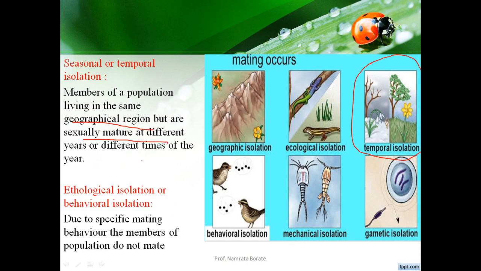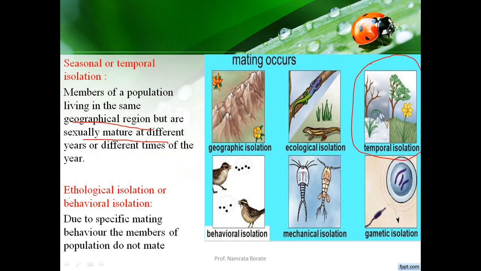The male and the female mature at different times. If they mature at different times, there is no mating, then there is no fertilization and no formation of zygote. That is seasonal isolation, or temporal isolation.